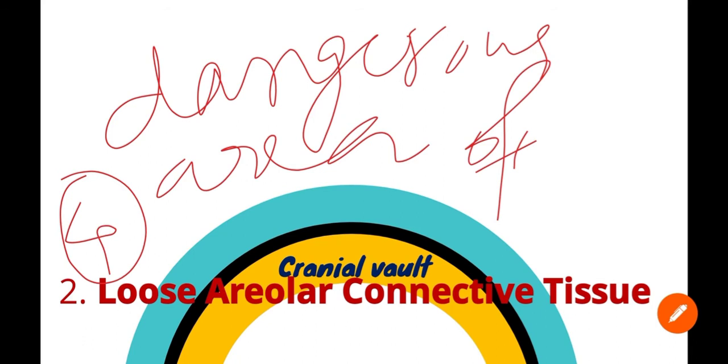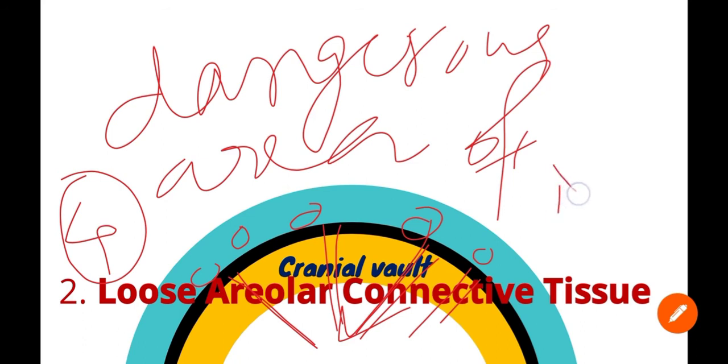Because it contains emissary veins, and emissary veins connect directly into the intracranial sinuses. So any infection in this layer will spread through emissary veins to the intracranial sinuses, because the emissary veins are, number 1, valveless.